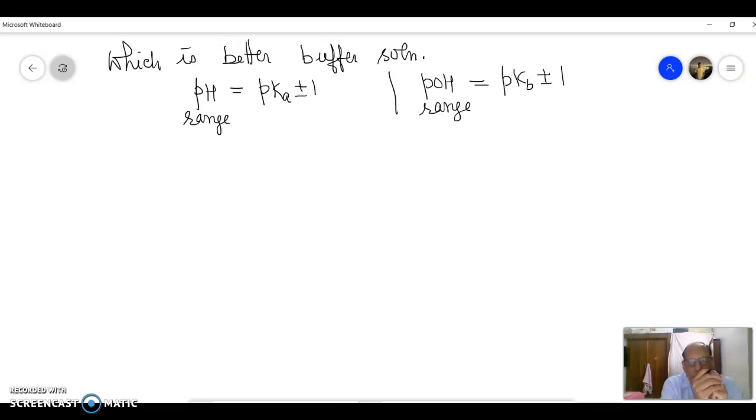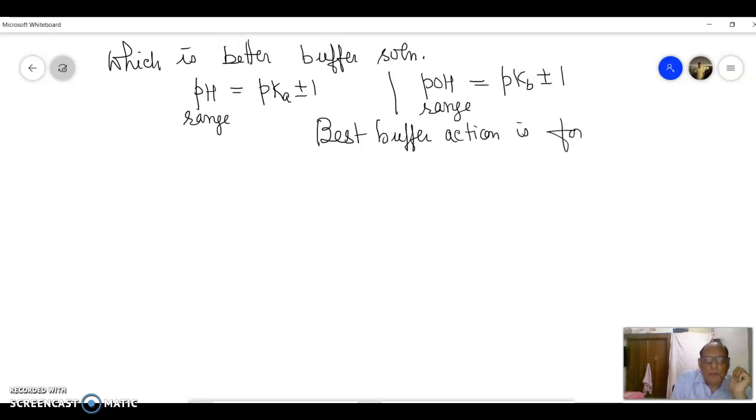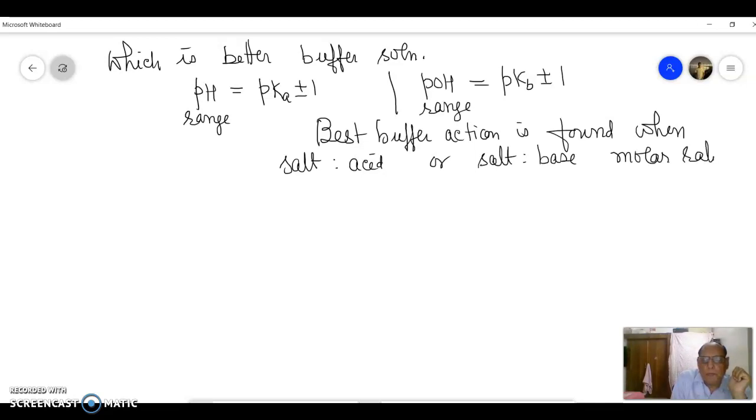That's why we have this range. You must have read that within this range, the best buffer action is found when salt to acid or salt to base molar ratio is 1 is to 1.